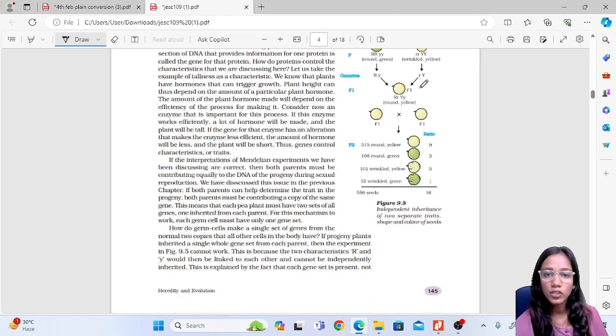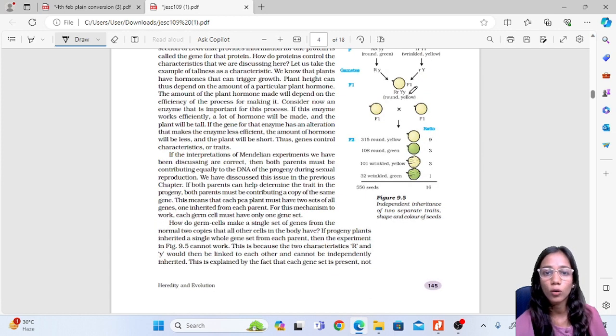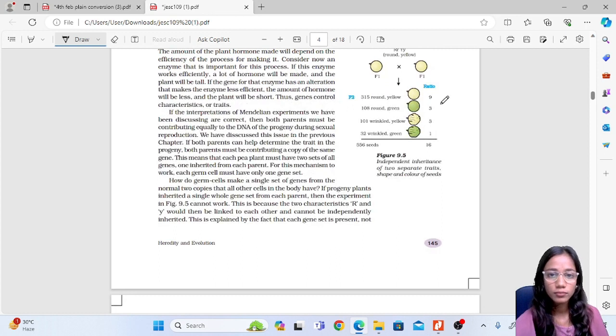He did the F1 generation, which gave round yellow, both the dominant traits. And finally when he did the cross with self pollination, he saw that the ratio was 9 is to 3 is to 3 is to 1. 9 were round and yellow, 3 were round and green, and 3 were wrinkled and yellow, and 1 was wrinkled and green.